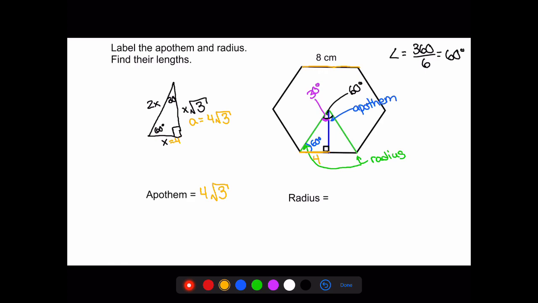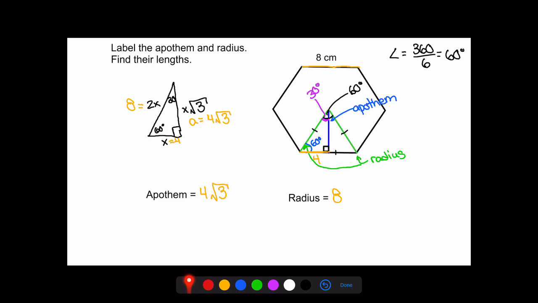Well, if x is 4 and the opposite of 90 is 2x, our radius would be equal to 8. Oh, that's interesting. Our radius, our base, and our other radius are all the same, making this an equilateral triangle. So that's how we can find the apothem and the radius.